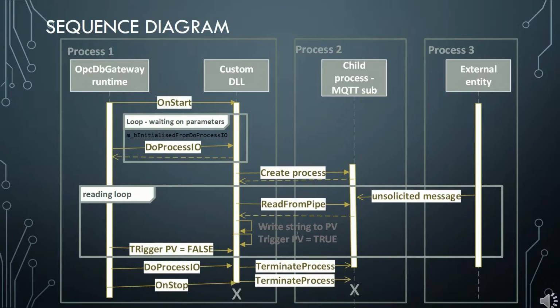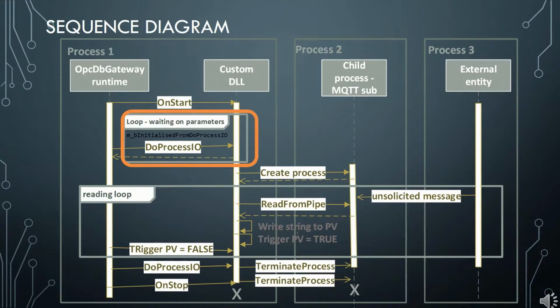Let's discuss the functionality using a sequence diagram. The OpcDbGateway runtime starts a new thread from the DLL immediately after its own start. It performs this by the DLL API function on start. The new thread waits in a loop for the do process IO DLL API function call.